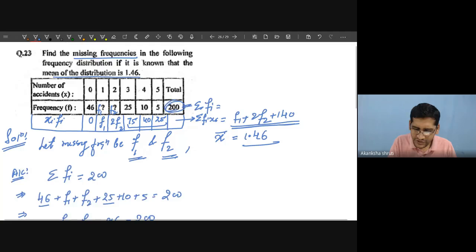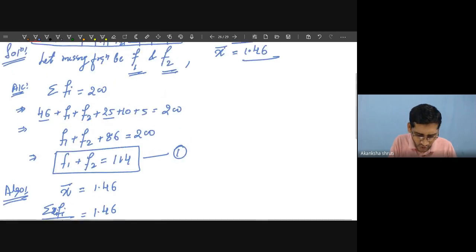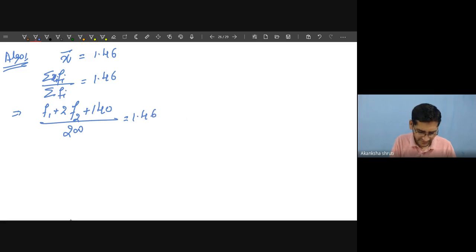Students, it is better to substitute this 200 directly, because the same 200 was equated to 46 plus F1 plus F2 plus 25 plus 10 plus 5 to get the F1 F2 relation. So that's why we have directly substituted.